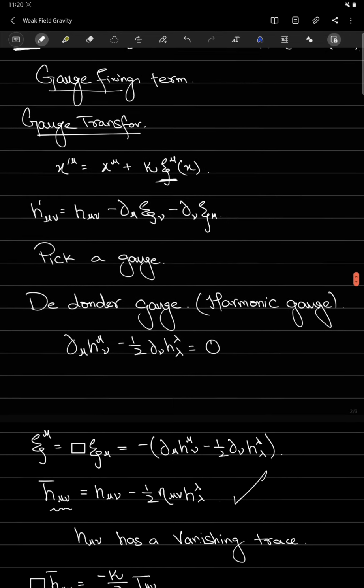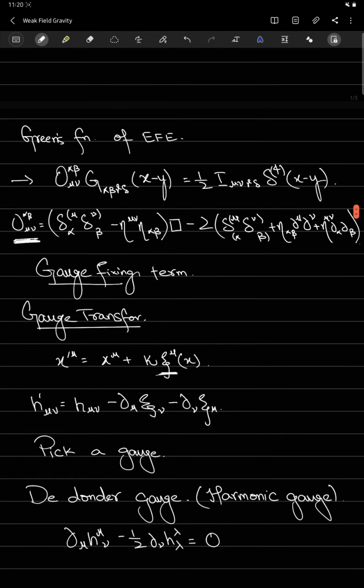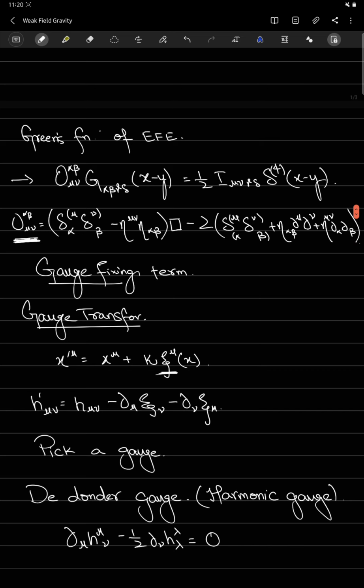And if you recall, if I go here, I wrote the Green's function for the Einstein's field equation over here, which is this equation, right?